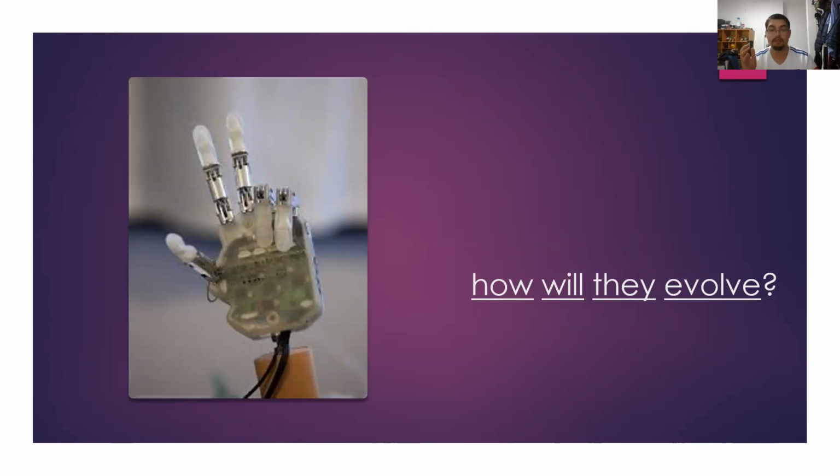This is incredible because a lot of persons without an arm or a leg can feel again with the part that they lost. And another evolution that bionic prosthetics have is the creation of prosthetic organs, which I will explain in a few moments.